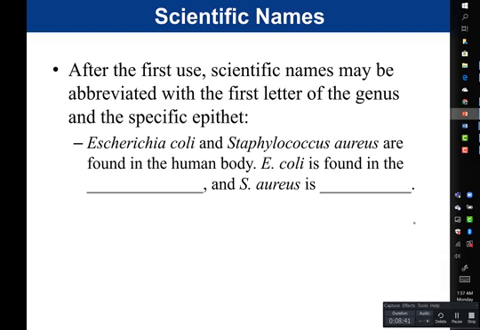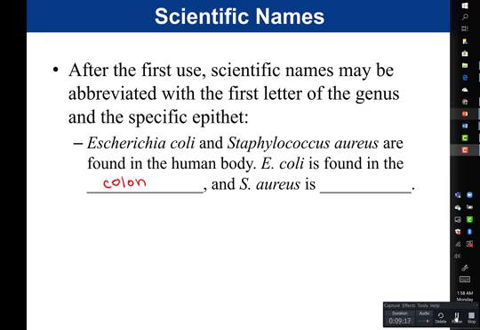And when we write them out the first time, we have to write out the genus and the species. However, if we continue to talk about those organisms, let's say it says E. coli is found in the, notice that the genus is now abbreviated. We don't have to continue to write out Escherichia coli. So E. coli is found in the, we said, colon or intestine. And S. aureus, again, we can abbreviate the genus because we already mentioned it in the sentence before.